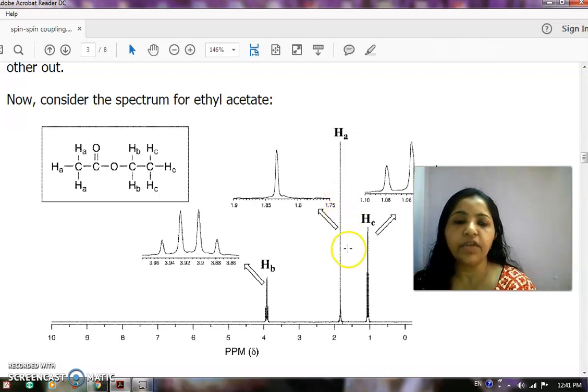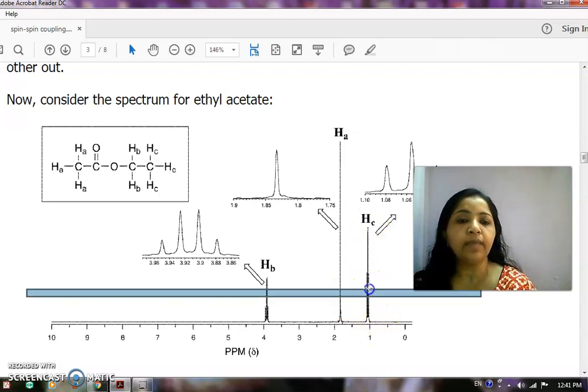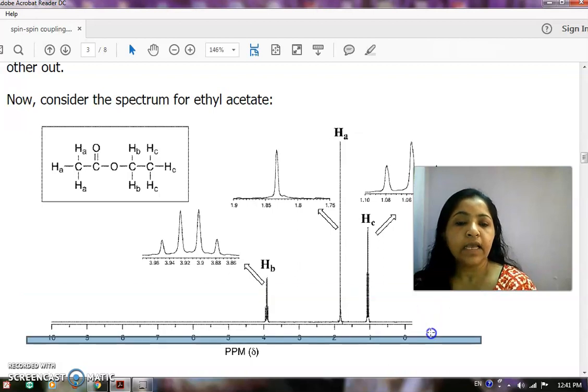It has 3, this is 2, and this is 1. Since it has been split, its height has come down, but if you count the total area under these 3 peaks, what you will find is it is 3, it is also 3, and this also has a quadruplet.